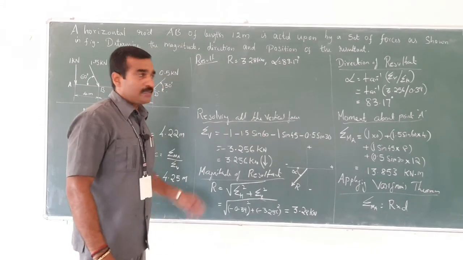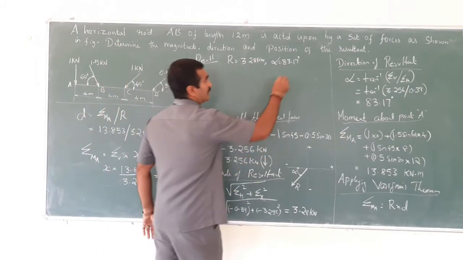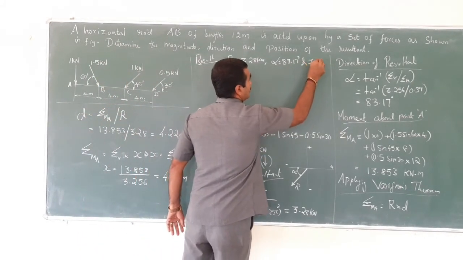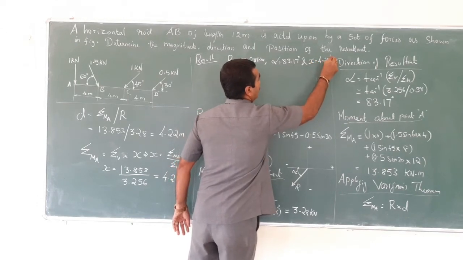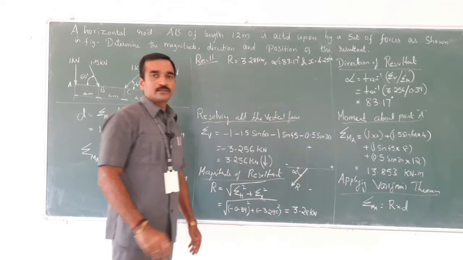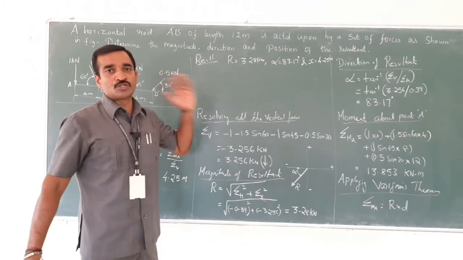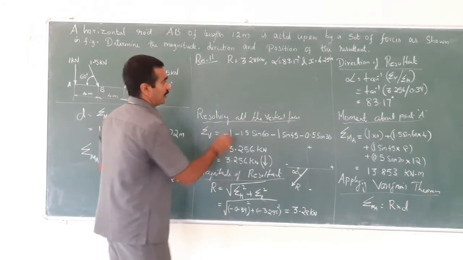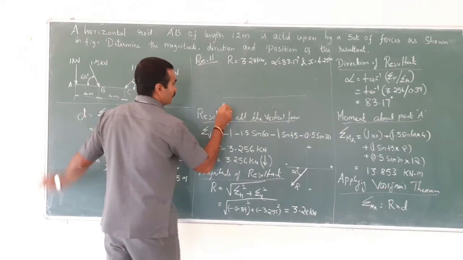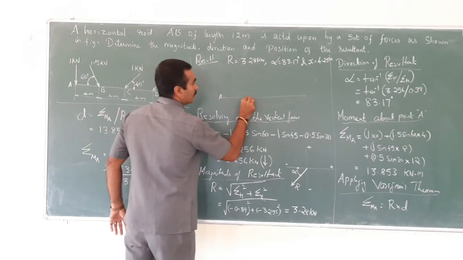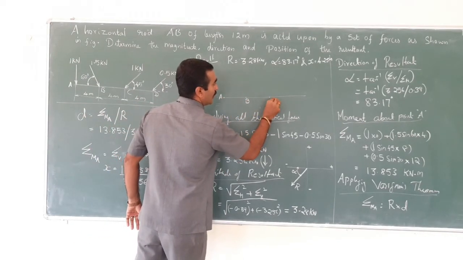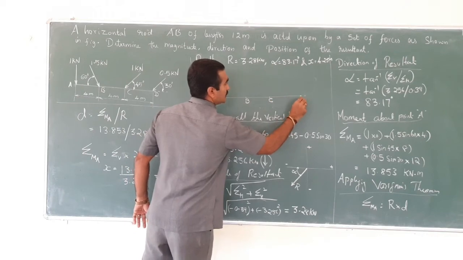And the position of the resultant, which is nothing but x, is equal to 4.25 meter. Got it? Now I am going to show the graphical representation. This is the diagram with point A, point B, point C, and this is D.